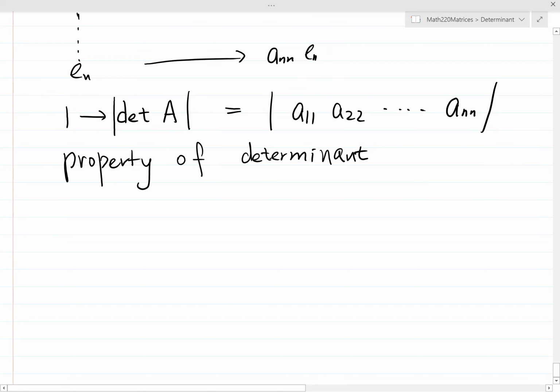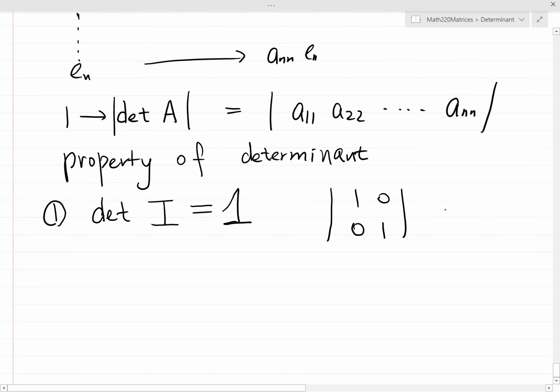For instance, let me show you the first property. The determinant of the identity is 1, i.e. 1 times 1 minus 0, so you get 1. Not just a 2 by 2 determinant. The identity matrix has determinant 1. Now if you have a 3 by 3, the determinant is also 1.